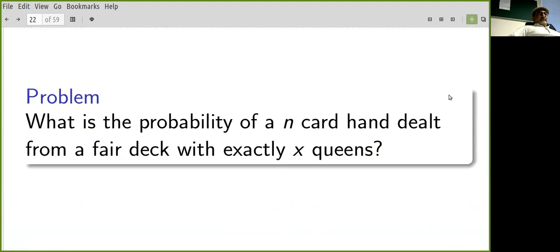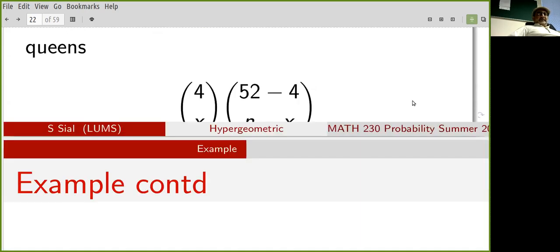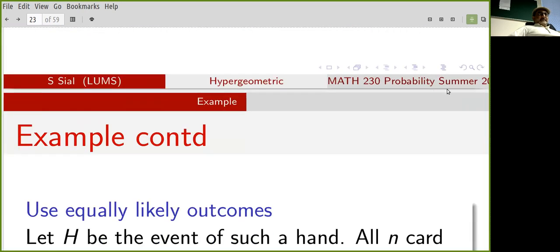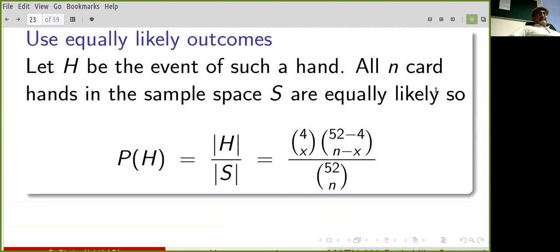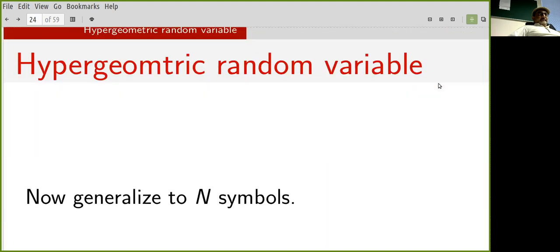Then the probability is the cardinality of the event of getting x queens divided by the cardinality of the sample space, using the equally likely idea. So we have 4 choose x times 52 minus 4 choose n minus x divided by 52 choose n.